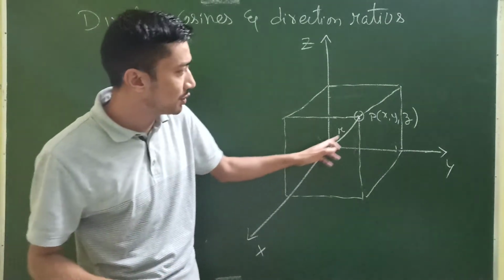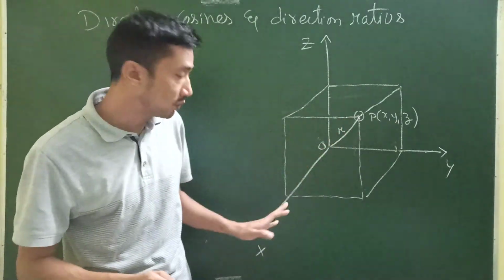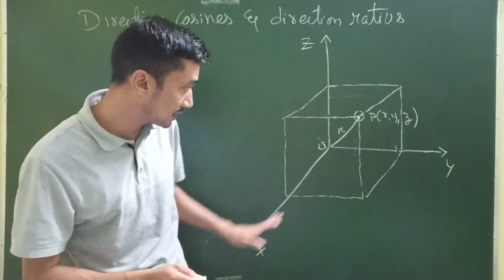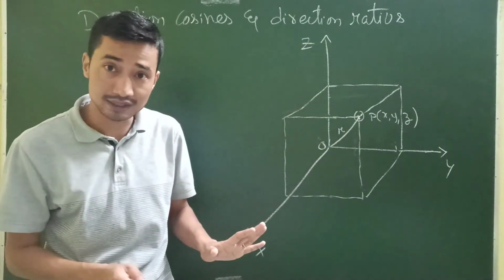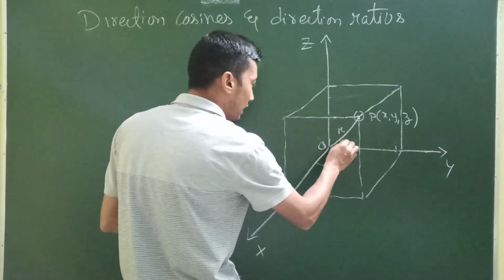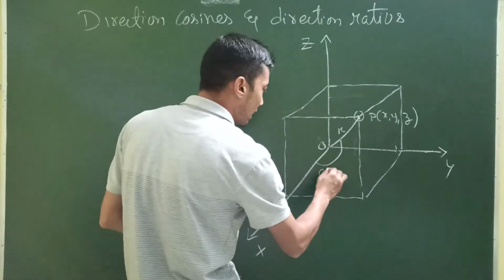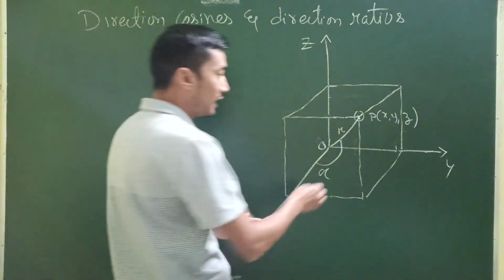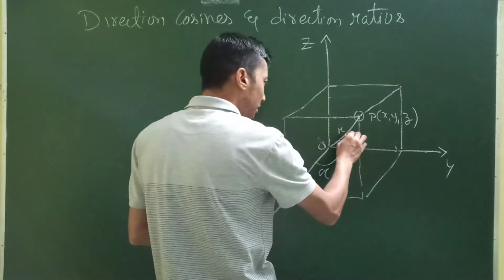See, this position vector of this given point is making an angle with respect to the x-axis, y-axis and z-axis, isn't it? Let's have a look. With respect to the x-axis, it is making this angle. Let us say that this angle is alpha. With respect to the y-axis, this position vector is again making an angle.